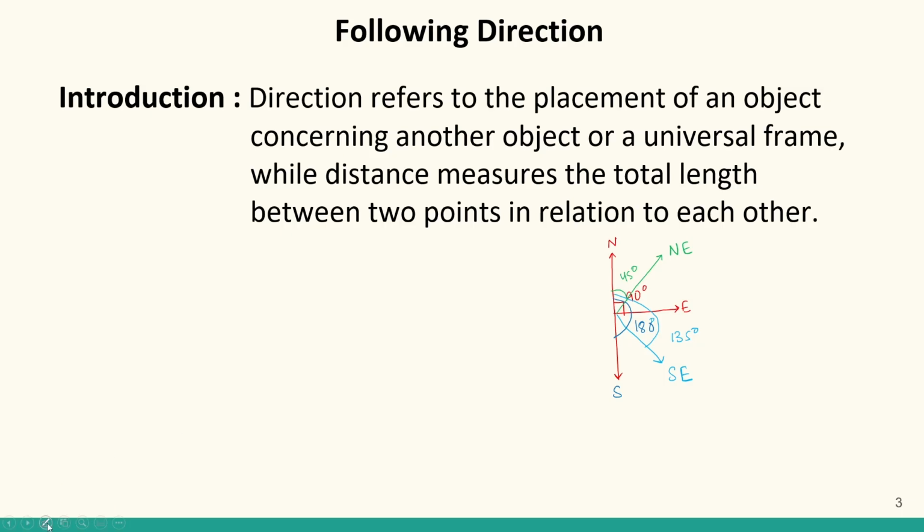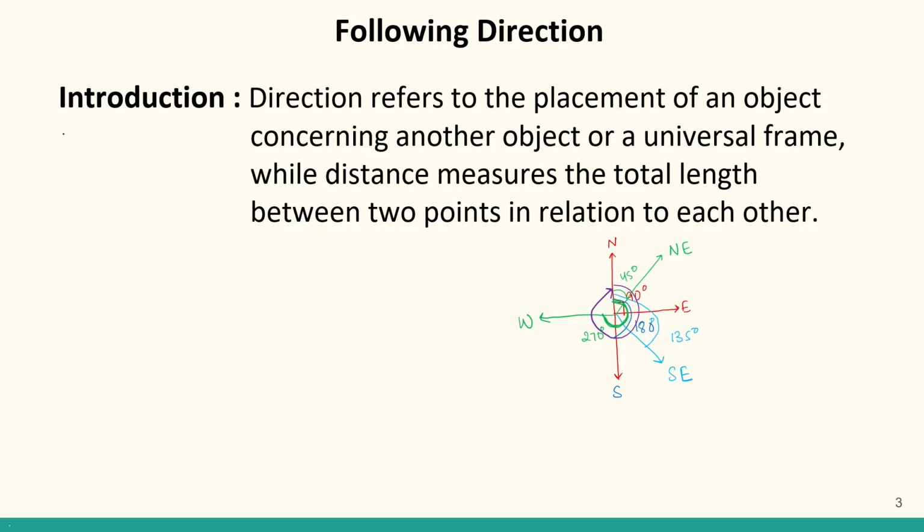Similarly, if I turn 270 degrees, if I'm facing north, 90 plus 90 plus 90 degrees, all of this angle is a 270 degree angle and I will be facing west. Clear? And if I take a complete 360 degree turn, I'll come back to the same position, which is north. So this concept of turning degrees is also used very frequently in following directions.